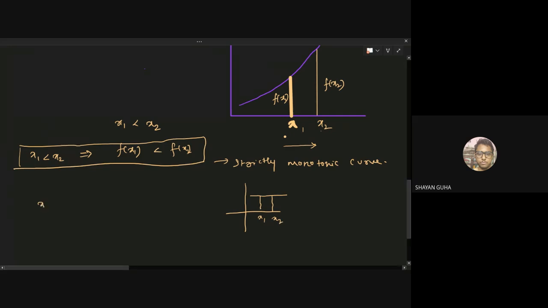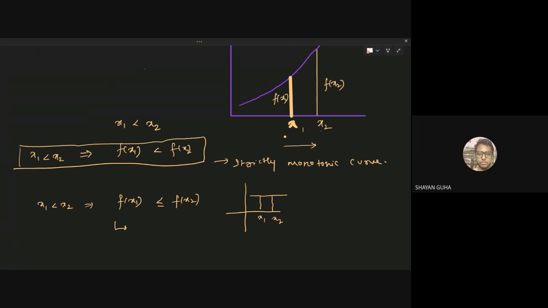That is, x1 less than x2. If this implies f of x1 less than or equal to f of x2, not strictly less, but it can be equal, then we call it monotonic, monotone increasing. And you can call the other one strictly monotone increasing.